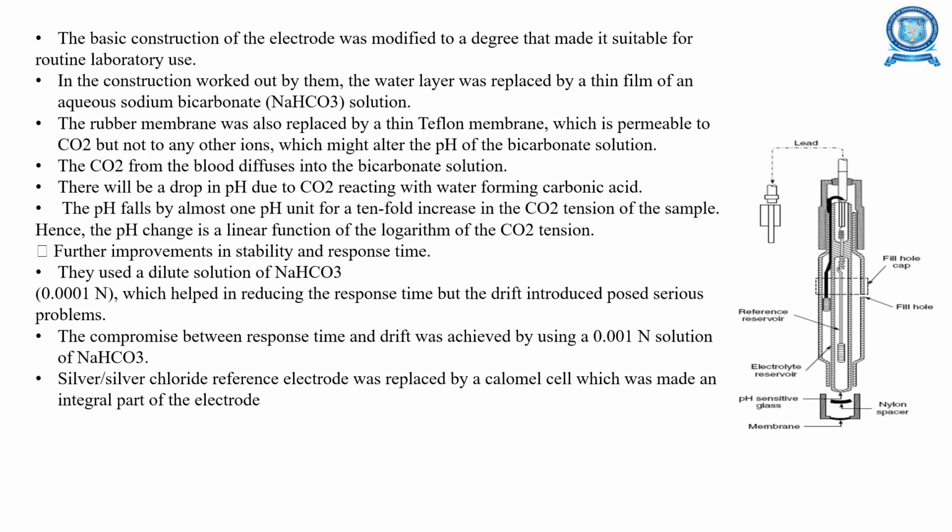They used a dilute solution of sodium bicarbonate, NaHCO3. The silver chloride reference electrode was replaced by a calomel cell, which was made an integral part of the electrode. Here is the diagram. You can see the lead reservoir, electrolyte reservoir, pH sensitive glass membrane, nylon spacer, fill hole and fill hole cap.